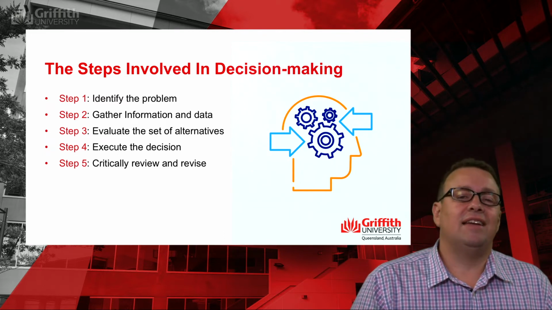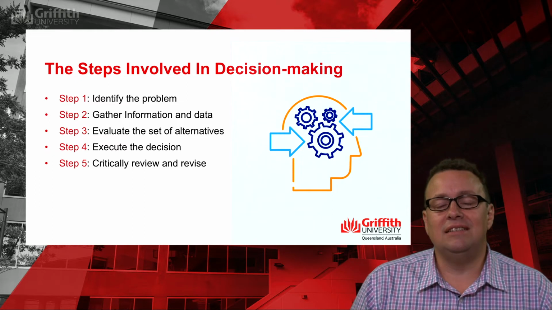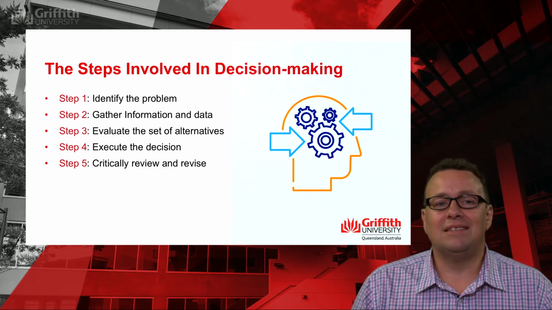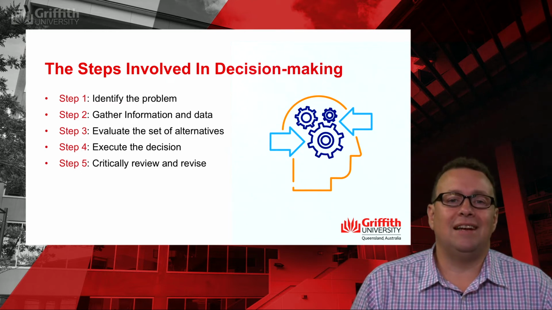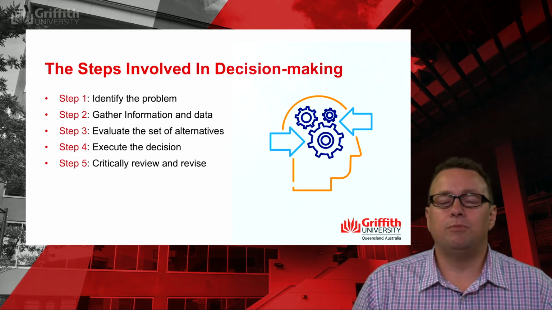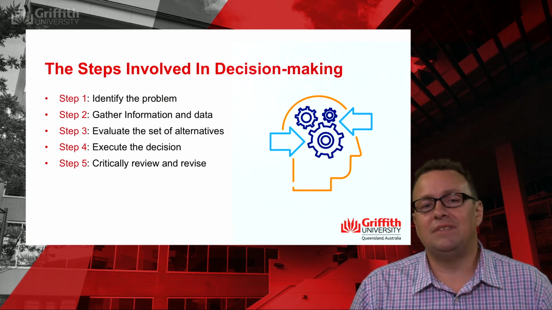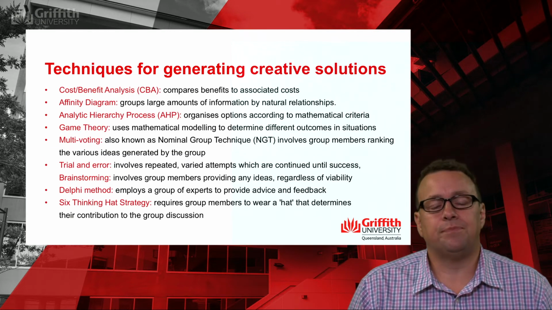But nonetheless, a key factor in successful decision-making is identifying the problem and developing a set of alternative solutions. So as a result, there are a number of techniques firms can employ in order to promote creativity and generate potential solutions for current problems.